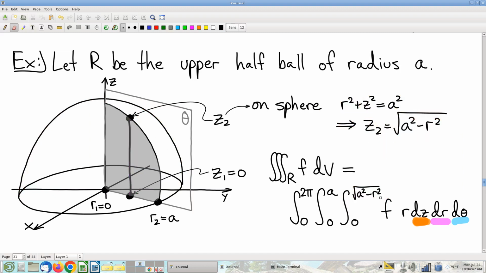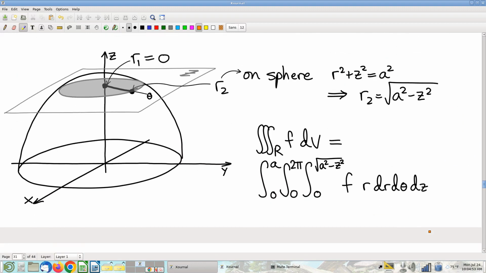Okay, so we did that with this order of the differentials. Now let's do the order of the differentials the other way. So now I've got my dr d theta on the inside, the dz on the outside. Let's just see how this goes. And so, okay, fine. Starting with z bounds.